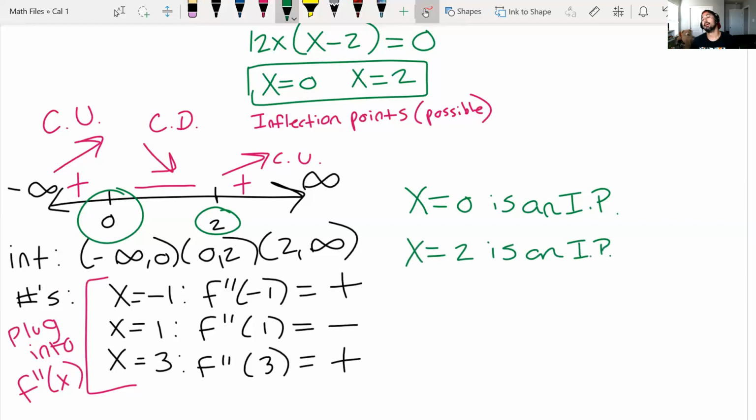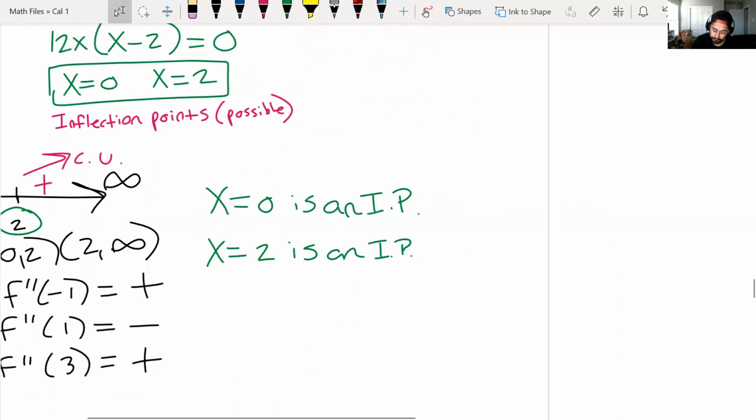Oh, but we're not done, because now, since they are inflection points, we need to find the exact location of inflection. We need to find the point of inflection. So guess what that means?